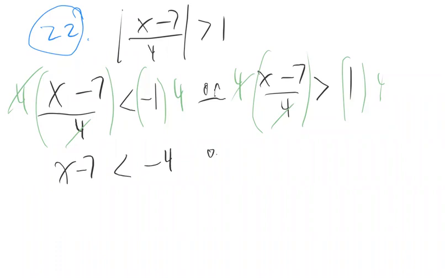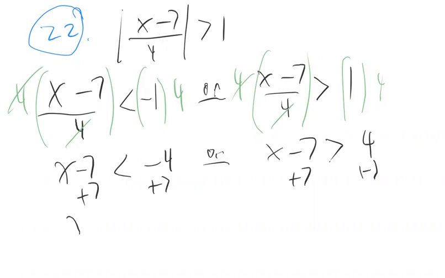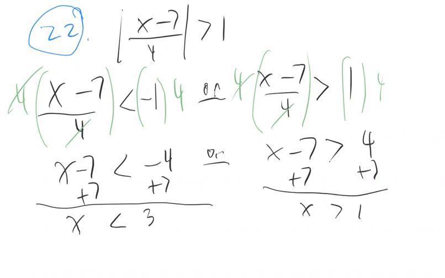Or here, the other side of the equation is x minus 7 is greater than 1 times 4, which is 4. Now you're going to add 7 to all 4 sides. So now we have 4 sides instead of just 3. So you have x less than 3, and then x is greater than 11.